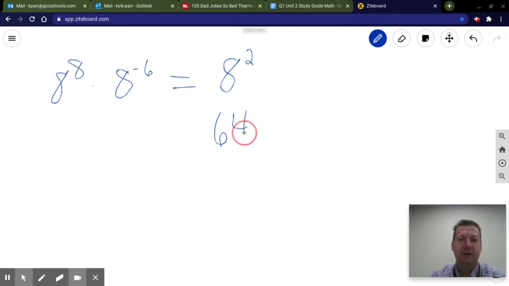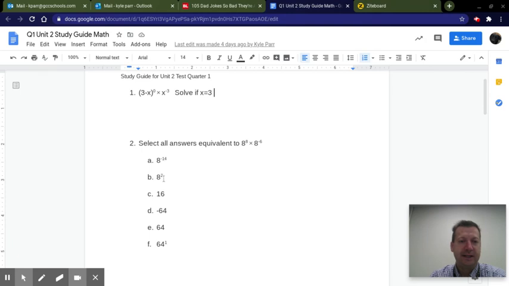So let's go look at the options here and see which ones could be correct. We said 8 to the second, so that would be this one right here. It is not 16, because 8 to the second does not mean 8 times 2. It means 8 times 8. So not choice A, not choice C. We said that 8 squared was 64, not negative 64, so not choice D. 64 would be correct.